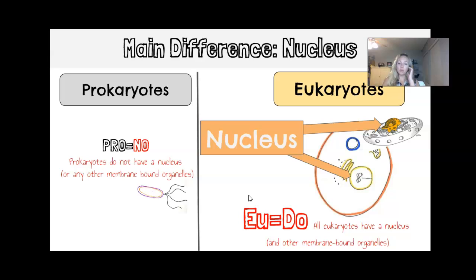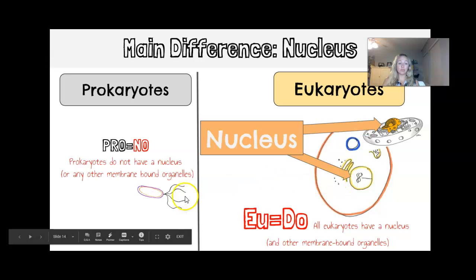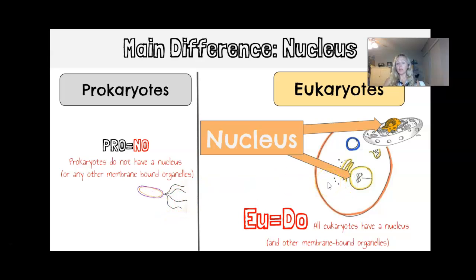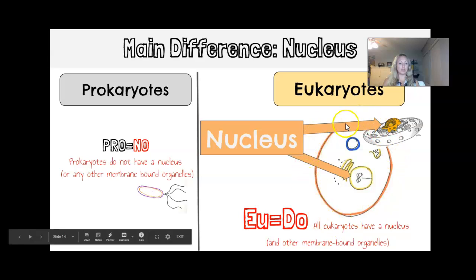Okay, so the main difference, and I'm sure you probably noticed, is the size difference. That's kind of related to the main difference, but what we're looking at here is the presence of a nucleus. Eukaryotic cells have a nucleus. Here's this big nucleus. You can also see that there are other bigger organelles, called membrane-bound organelles. The whole cell is membrane-bound. It has a cellular membrane.